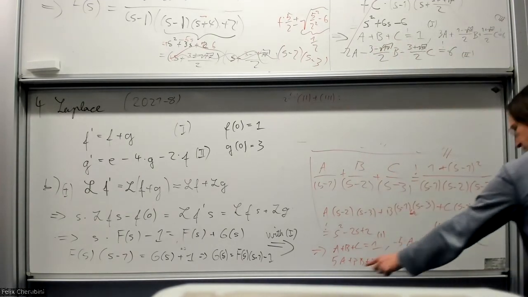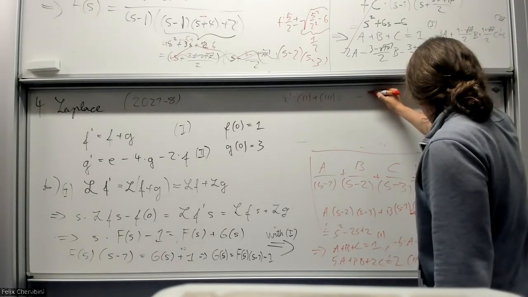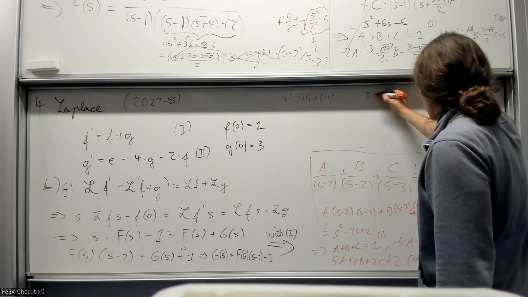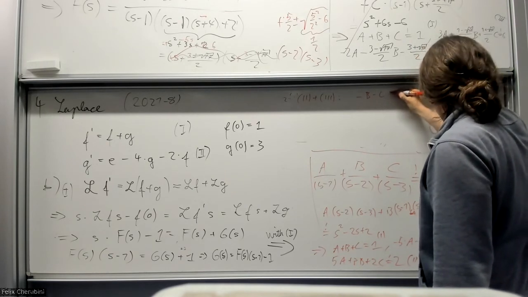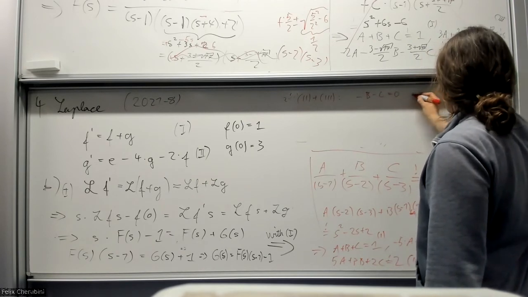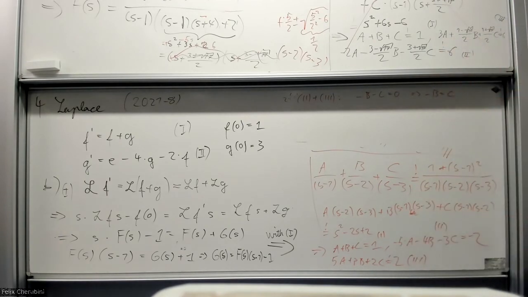And the a's cancel, and I get minus b minus c equals 0. Okay, so minus b is equal to c. Good to know. And what's a good way to use it?